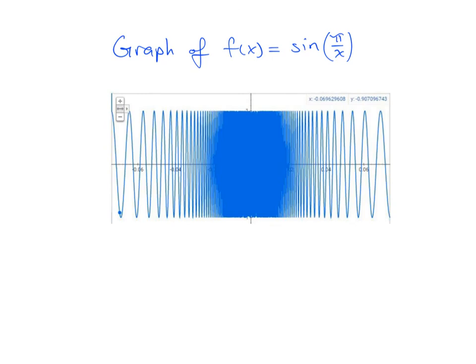So this is the graph of what we just tried to find the limit for on the previous slide. And you can tell that as x approaches 0 from the left and from the right, this graph just goes crazy and oscillates an infinite number of times the closer and closer it gets toward 0. So I could have picked numbers on a table so that as we approached 0 from the right, that gave me 1, 1, and 1, and from the left also gave me 1, 1, and 1.